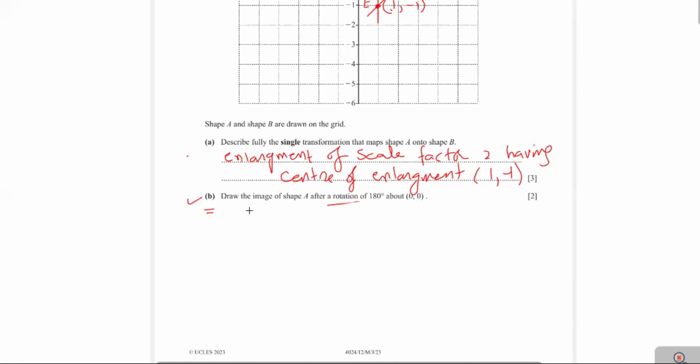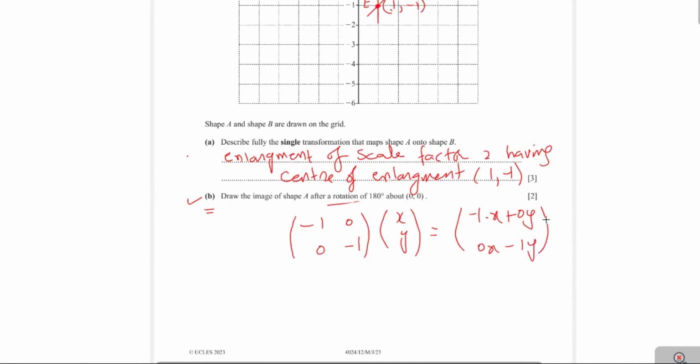Next, question number 12, part B. Draw the image of shape A after rotation of 180 degrees about (0, 0). The matrix of this rotation of 180 degrees about the origin is (-1, 0; 0, -1). If (x, y) is the point to be rotated by 180 degrees, then the result will be -1x + 0y and 0x - 1y.